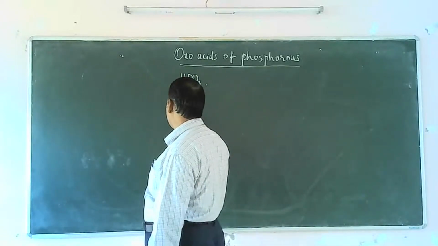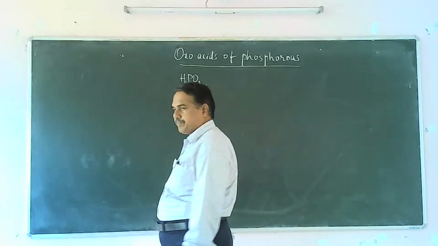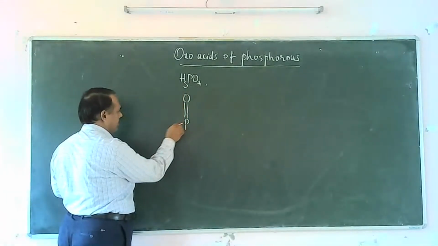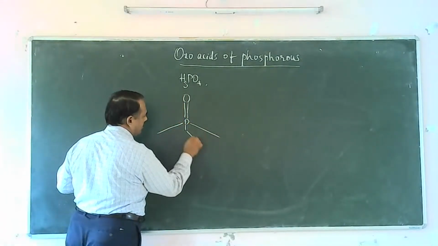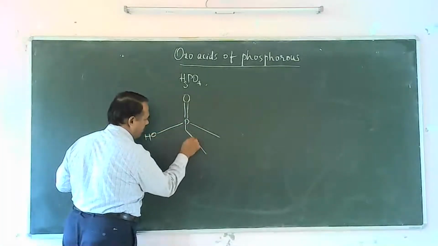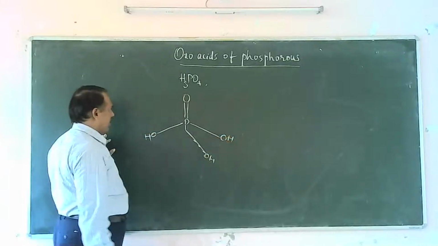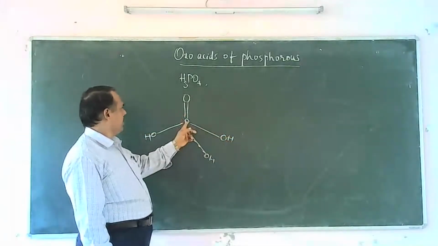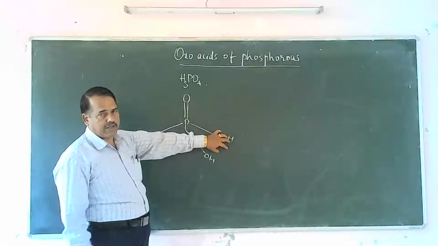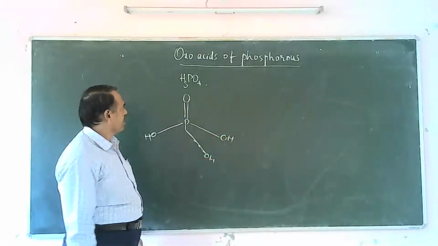Its structure is a phosphorus atom bonded with oxygen atoms in a tetrahedral structure. See, this is OH, and again OH and OH. So in H3PO4, how many P-OH bonds are there? 3 P-OH bonds are there.